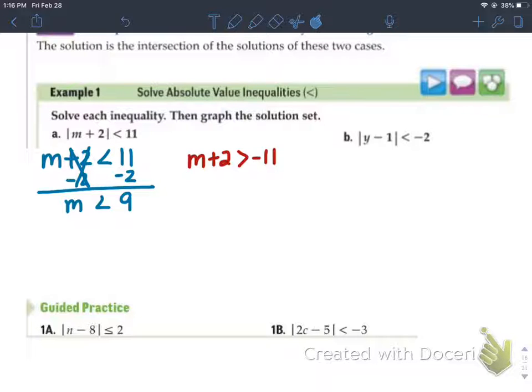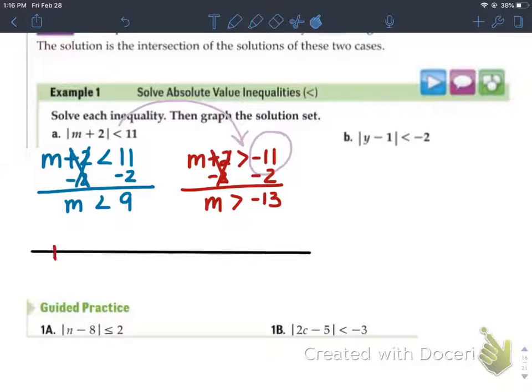Notice here how I had to flip the sign from the original because this answer became negative. So if I make the answer negative, I need to flip the sign. Then I will solve that like normal, where I do minus 2, so m is greater than negative 13.